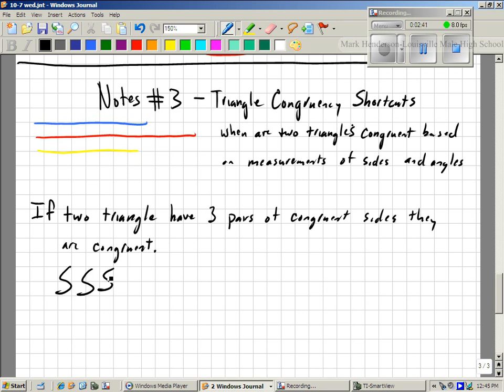So, SSS. SSS is the most easily identifiable one for obvious reasons, because all three sides are the same length. It means side, side, side. Everybody okay with that one?